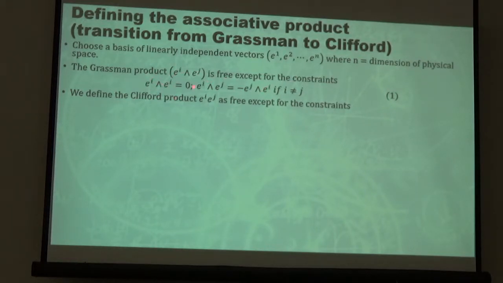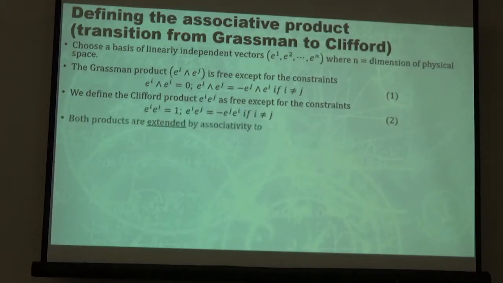In the Grassmann system we have e_i wedge e_i equal to 0, and e_i wedge e_j is anti-symmetric, where we have negative e_j wedge e_i if i is not equal to j. But in Clifford's system we have slightly different constraints, where e_i e_i is equal to 1, and e_i e_j is also anti-symmetric, like Grassmann's.